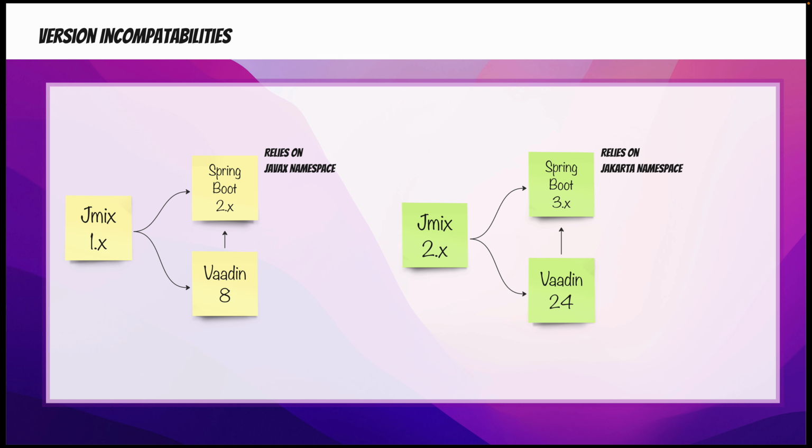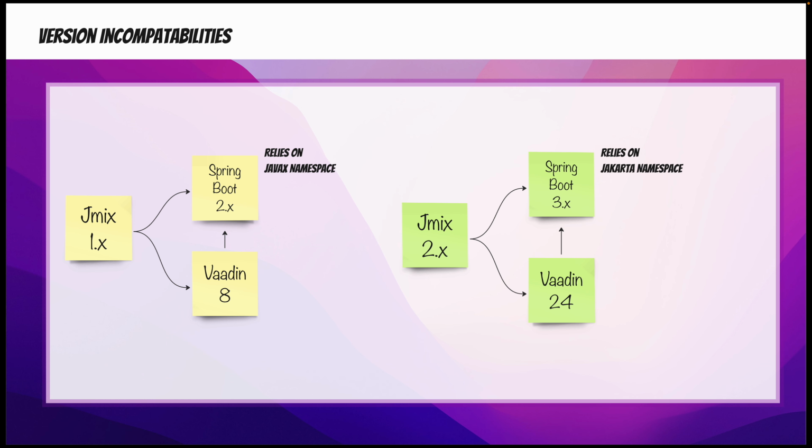And the Spring Boot under the hood relies on the javax namespace. On the other side, Jmix 2 migrated now to Vaadin 24, and Vaadin 24 under the hood relies on a newer version of Spring and Spring Boot. In particular, Spring Boot 3 requires the Jakarta namespace.